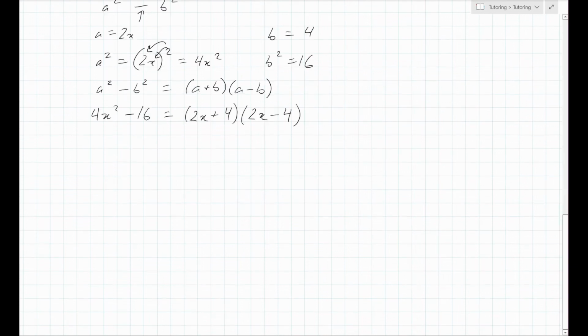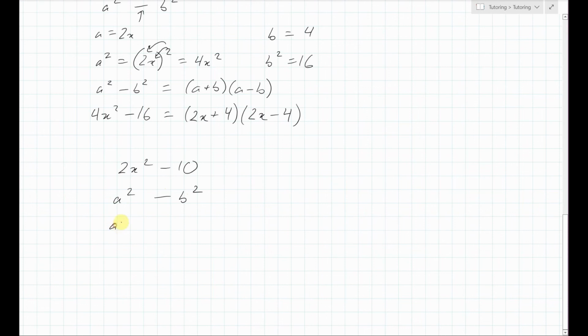Now these can get a little bit tricky when we have two that are being subtracted. A harder example of this would be, suppose we have 2x squared minus 10. Now you might think we can't square root 10, and we can't square root 2 either. But we have to think about it as a squared minus b squared.